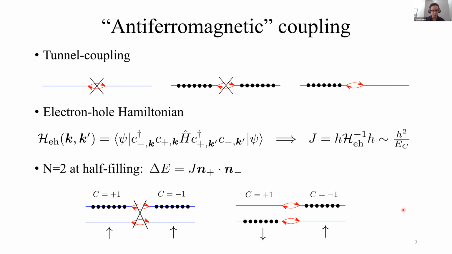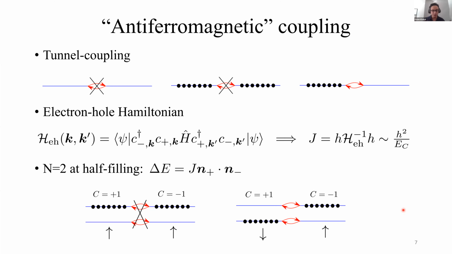And we can understand it as a texture where the spin vector winds around the sphere an integer number of times. And as it turns out, this texture carries a charge if it is in a Chern band. And this charge is equal to the number of times the spin winds times the Chern number. So what would this imply for our pair of tunnel coupled Chern sectors?